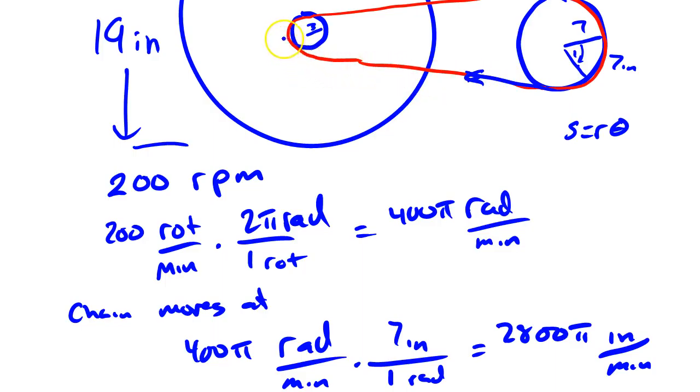Well, that chain is now turning this wheel, so I've got to convert the other way. Here, if I do 1 radian of turn, it's only going to be worth 3 inches of chain.